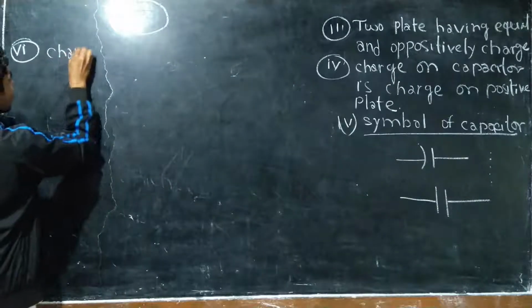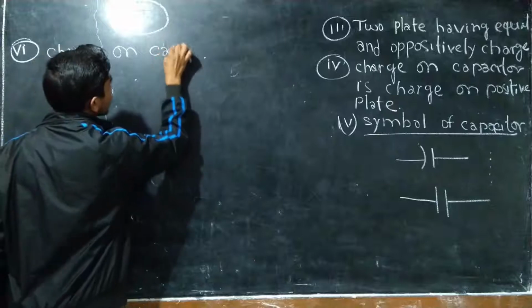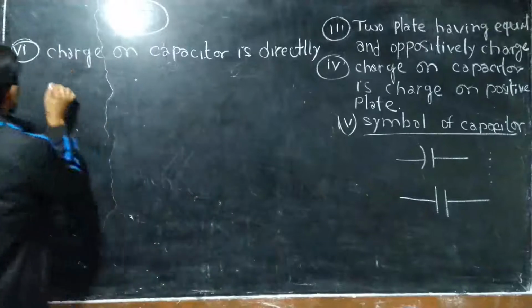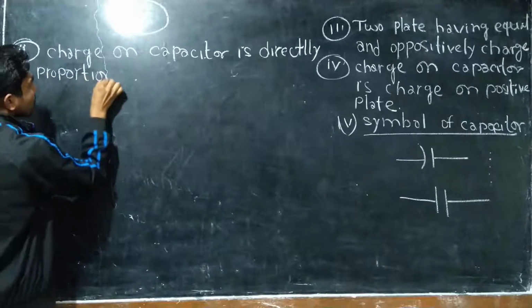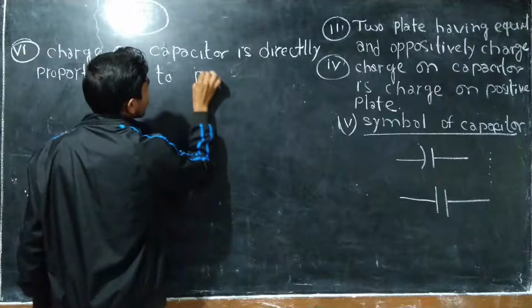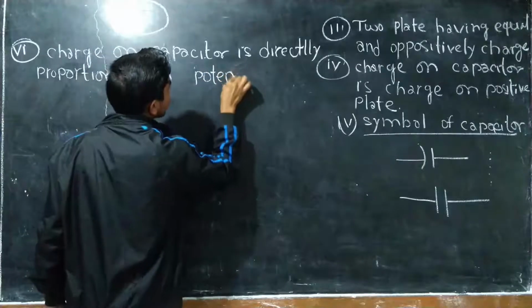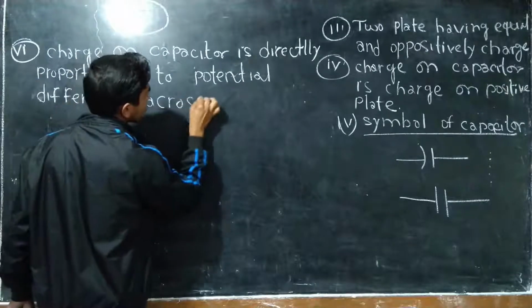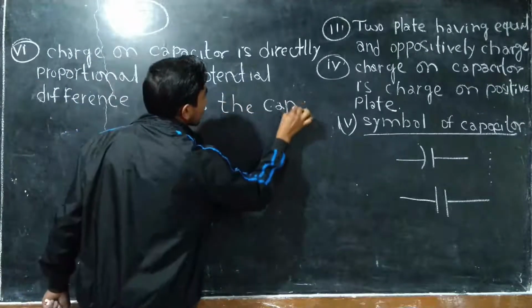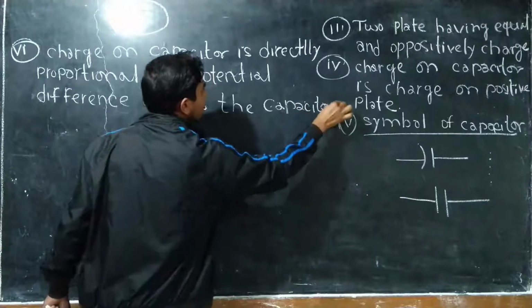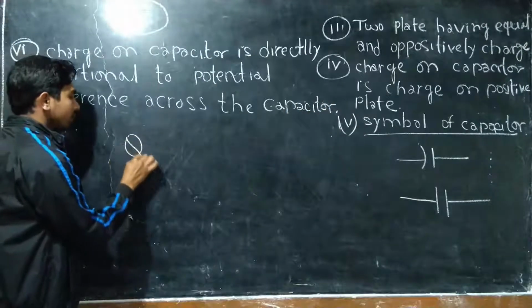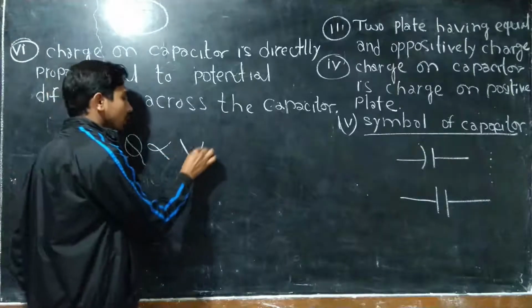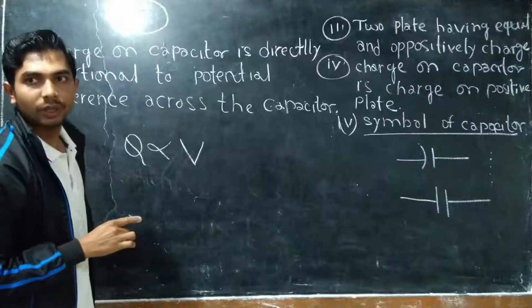So the charge on a capacitor is directly proportional to the potential difference across the capacitor. Suppose this Q is the charge on the capacitor. Then this charge Q will be proportional to V, where V is the potential drop across the capacitor.